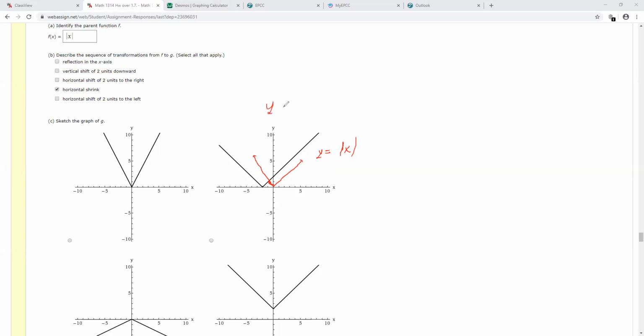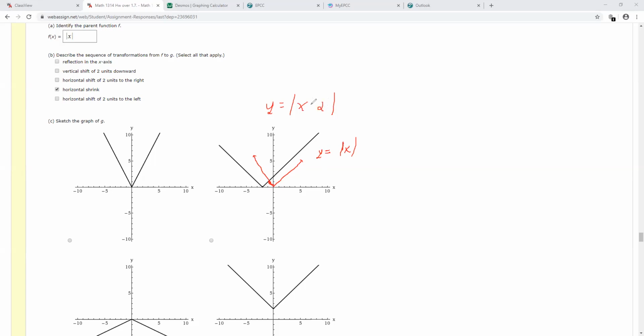So now we can have a little review of what we've learned already. What happens when you shift it, which is called a translation or a shift horizontally? You write it inside, because it's with respect to the x-axis. And how many units does this one look like? A shift of 2 units.